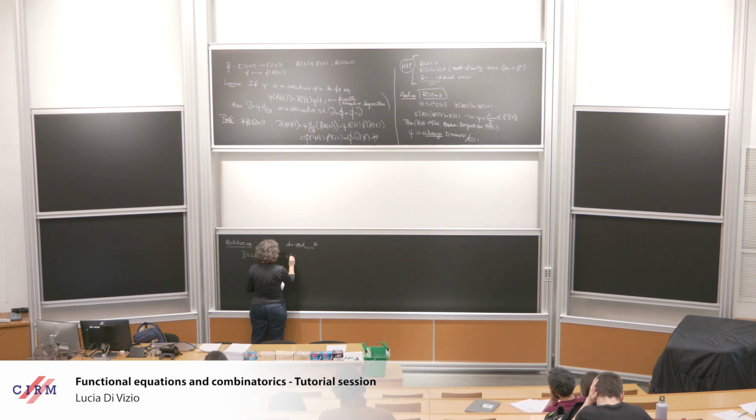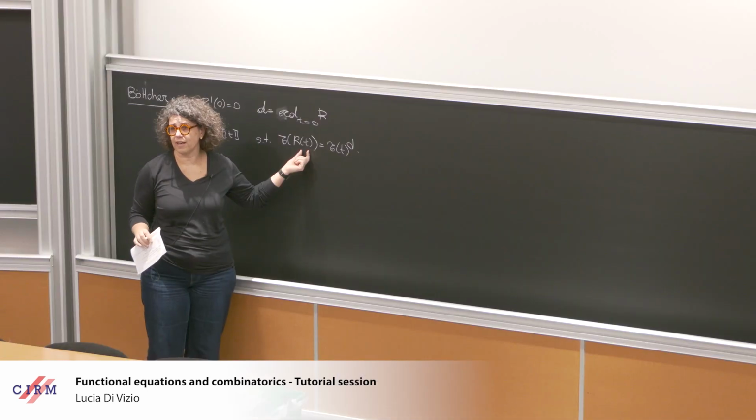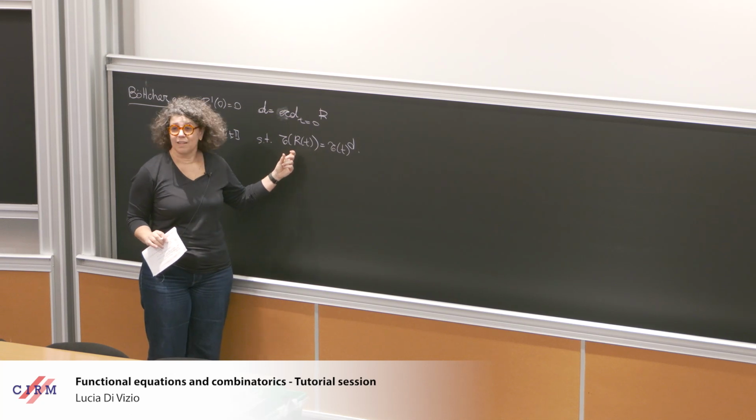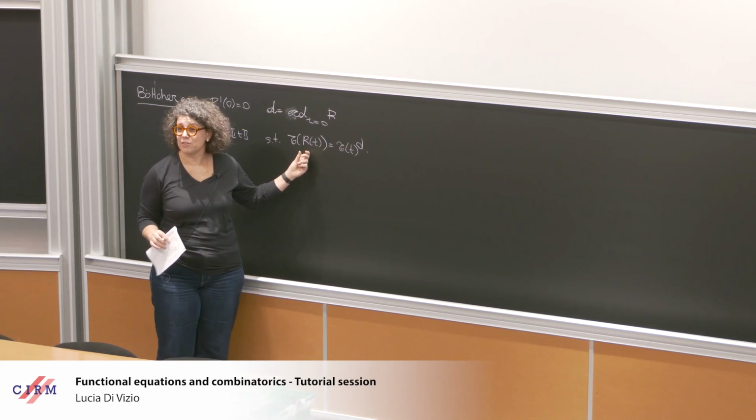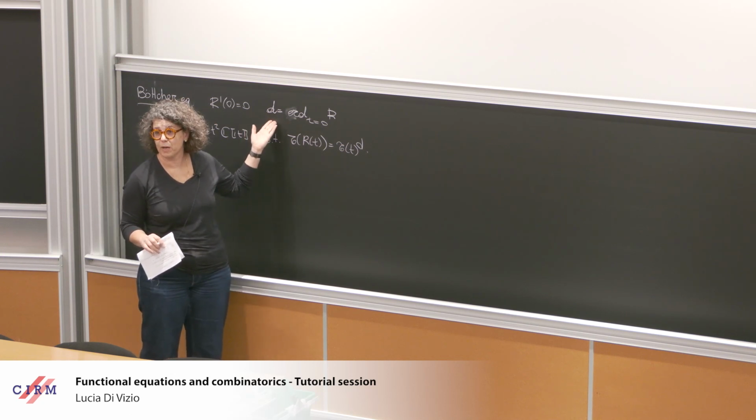such that tau of r of t is equal to tau of t to the power d. Okay, so those are functional equations that are actually used to linearize the function r next to 0. So this rational function next to 0 is x to the power d.